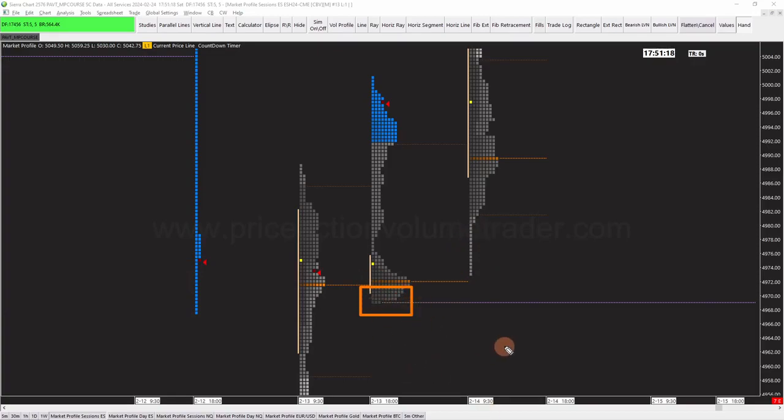But then when we have poor highs or lows, in the case of a poor low, this is going to indicate that there are short-term or weak-handed shorts at the low of that day.